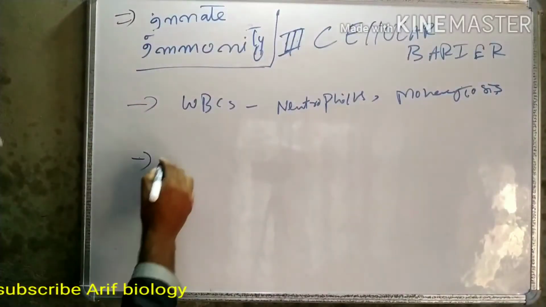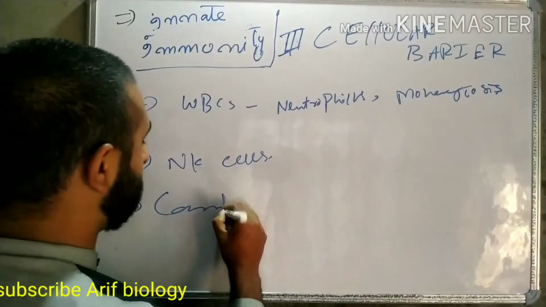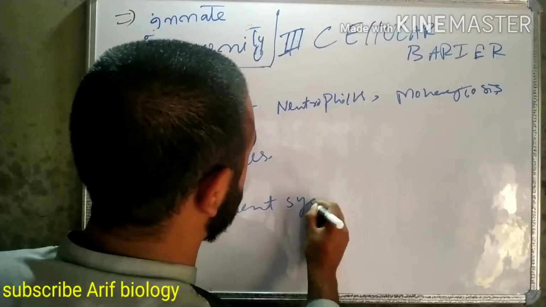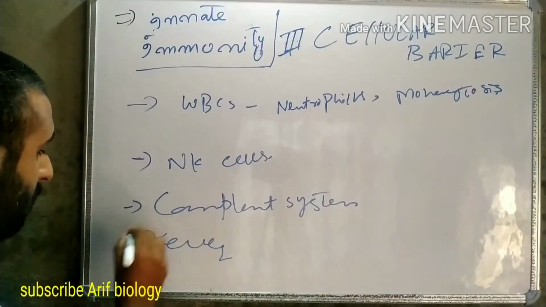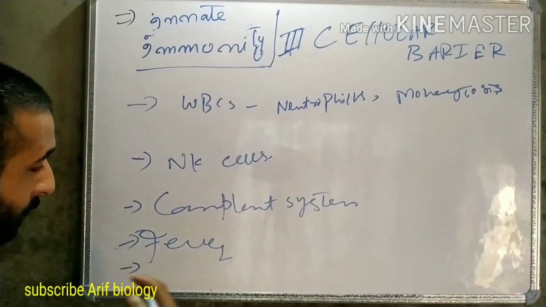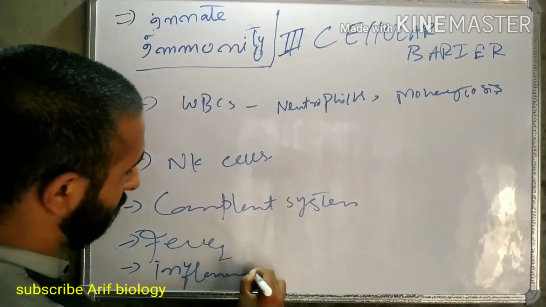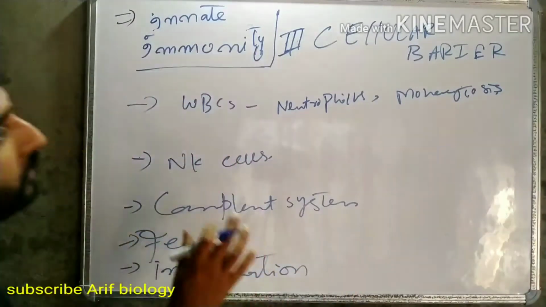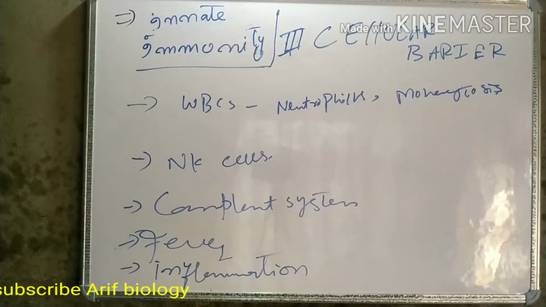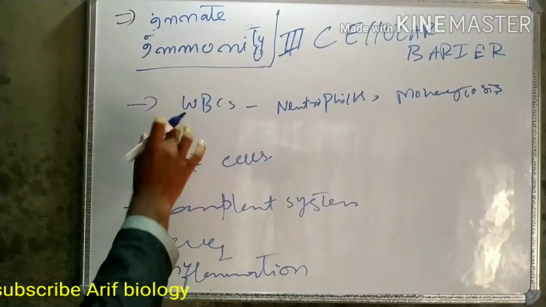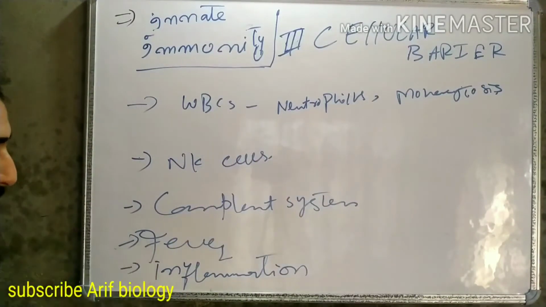Also we have another type of cells, that's NK cells. We have the complement system, fever, also more than fever we have inflammation. These are the different types of cellular barriers present inside a living organism, and these are WBCs, mostly neutrophils, monocytes, then NK cells, complement system, fever, inflammation.